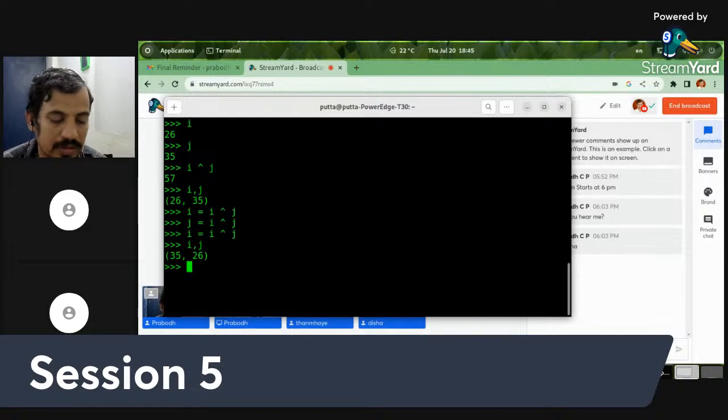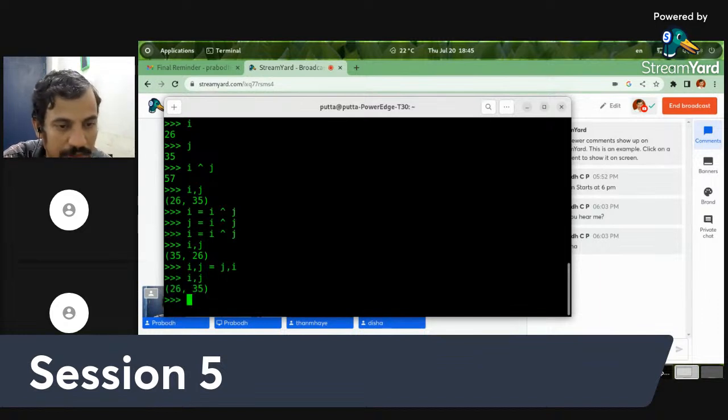J comma I. Yeah, that's what. Same thing. Like I comma J is equal to J comma I. If you do this also, see, I and J earlier were 35 and 26. After this operation, it becomes 26 and 35. So these are two ways of swapping values.